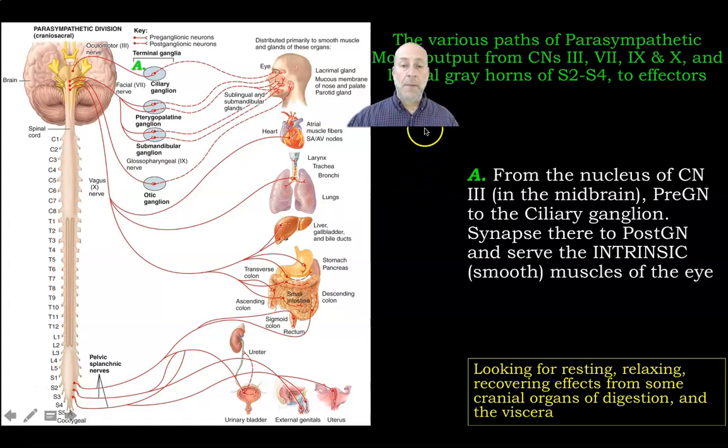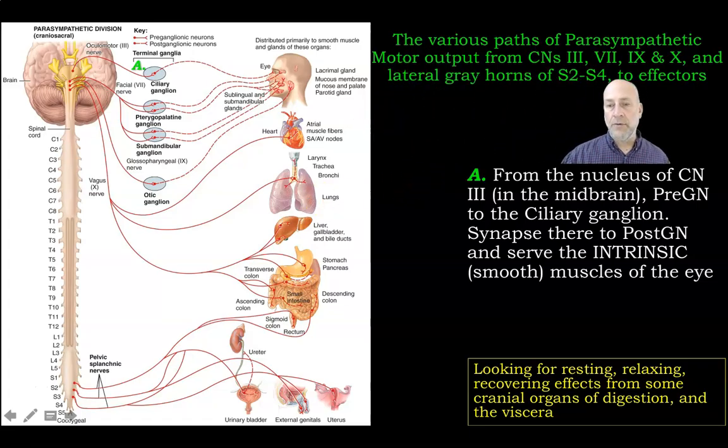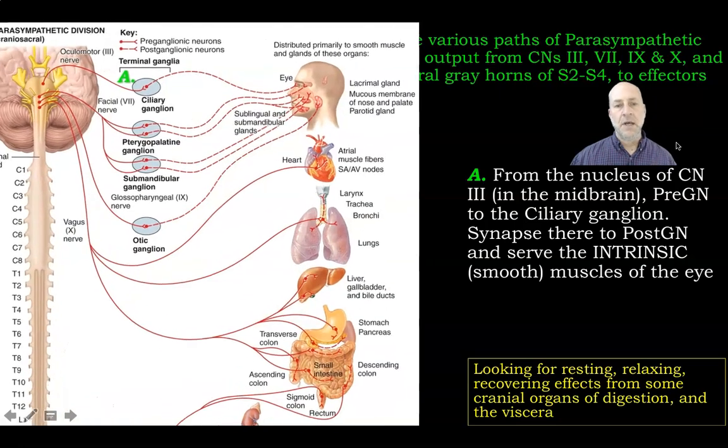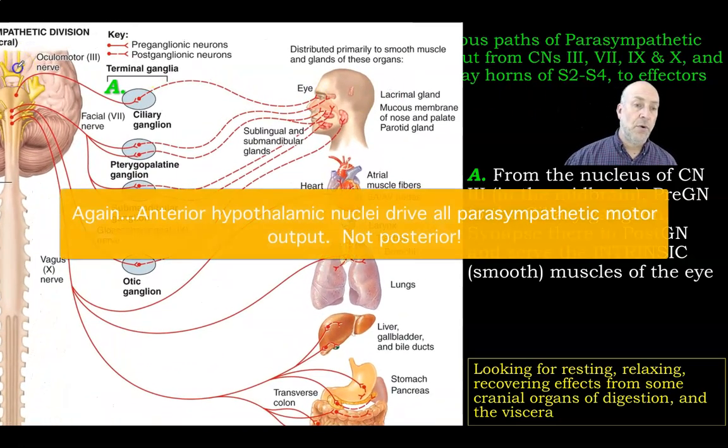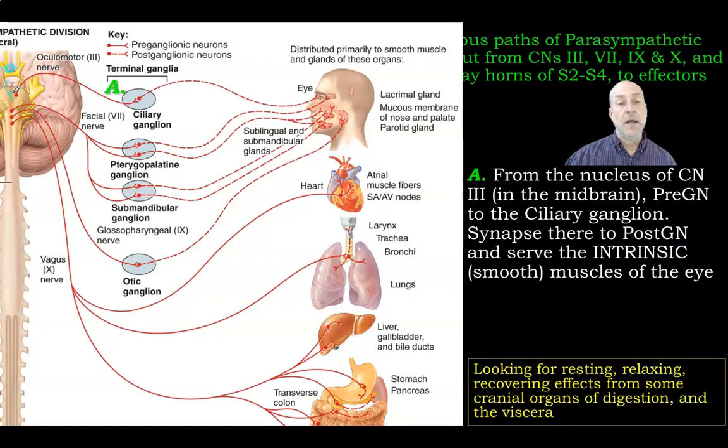Okay, a couple of paths we just have to iron out. No big deal. Let's just crush these. Path number A, you're coming out of cranial nerve number 3. So your posterior hypothalamic nucleus is pinging right here and synapsing on the nucleus of oculomotor nerve, cranial nerve 3. It's running out to a preganglionic neuron. How many times have we seen this?